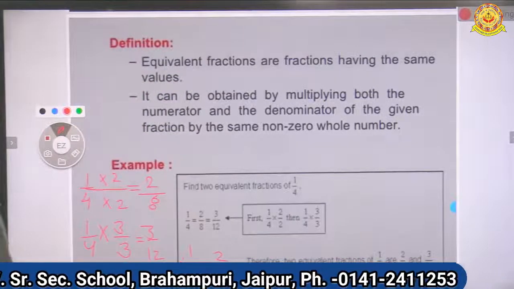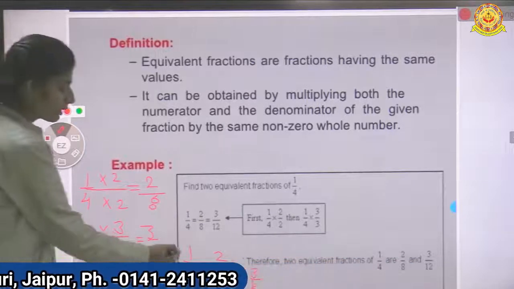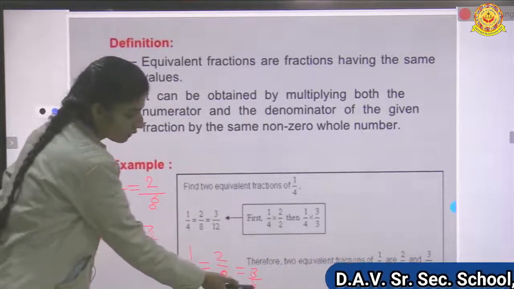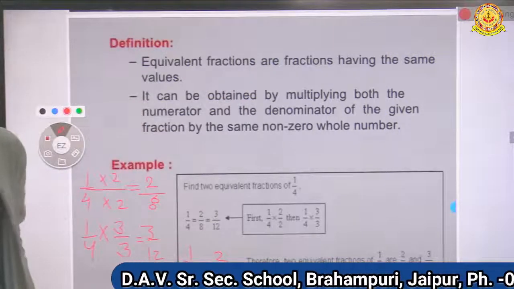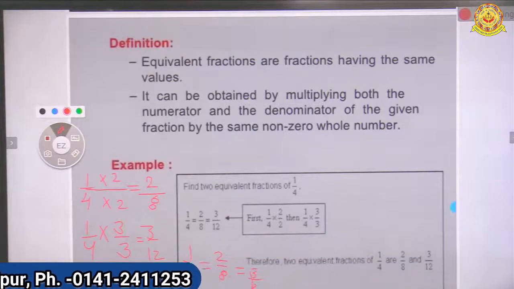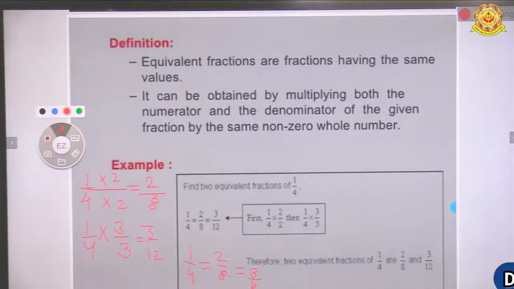We can see that it is like a table only. 1 1 is 1, 1 2 is 2, 1 3 is 3, 4 1 is 4, 4 2 is 8, 4 3 is 12, and we can find more equivalent fractions. Clear, everyone? Yes, ma'am. Okay.